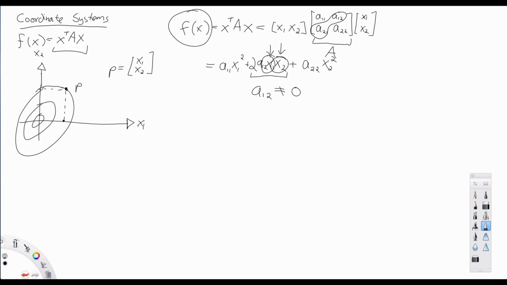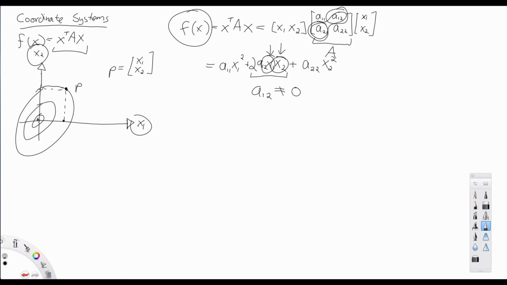Now, these correlation or off-diagonal terms are the things that are not on the diagonal. If we have any non-zero off-diagonal terms, we get this correlation behavior. One way of thinking about that graphically is that the coordinate axes, say here x1 and x2, are not going to be aligned with the minor or major axes of the conic sections, the ellipsoids, or the hyperbola that form the level sets of f of x.